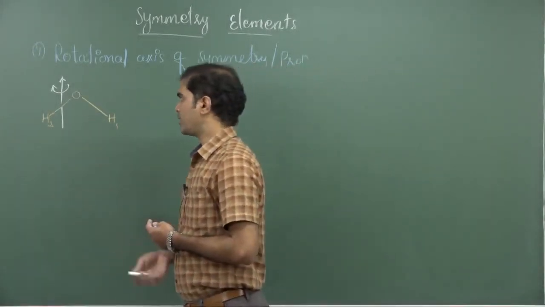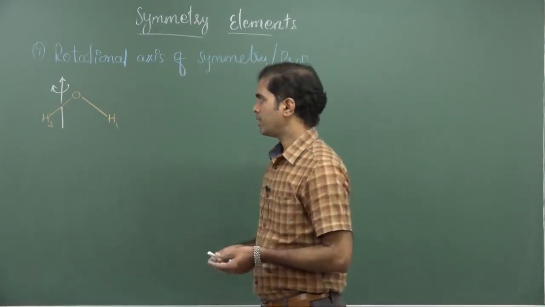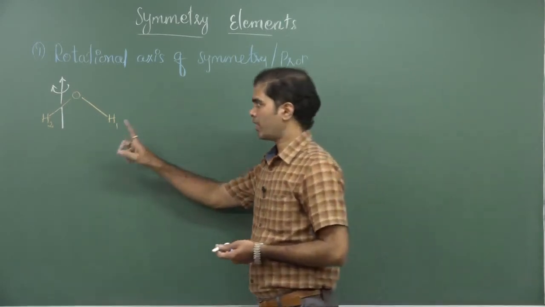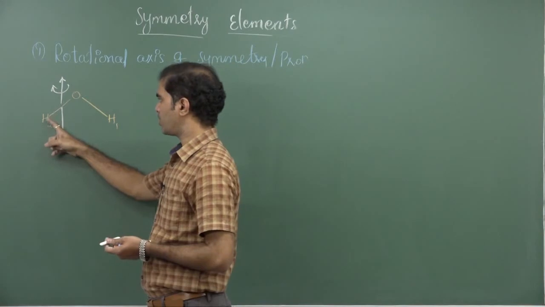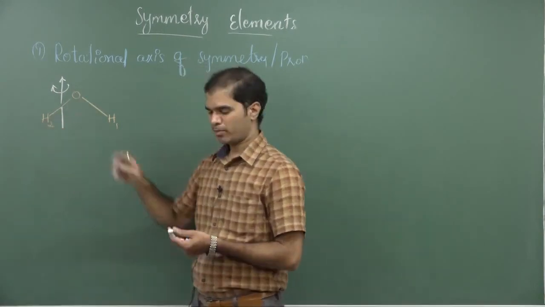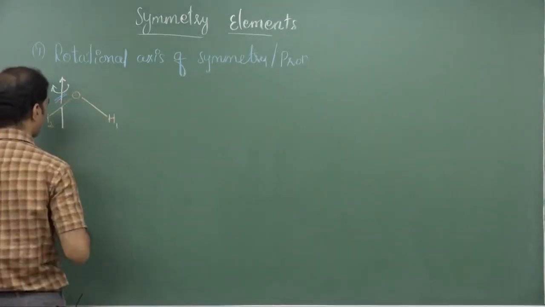Will it be a valid rotational operation? That is the question. The immediate answer would be, it is wrong. I just cannot take a rotational axis along the bond between oxygen and hydrogen. It is not possible. So this is invalid.